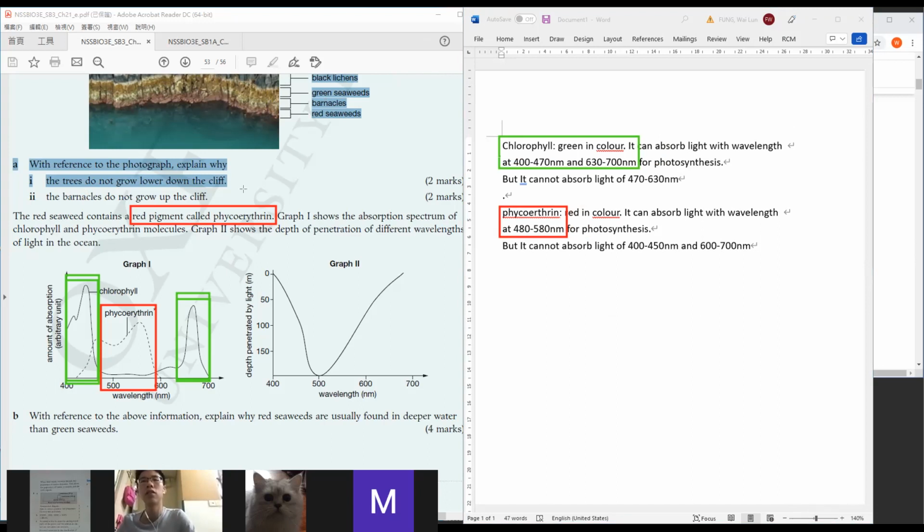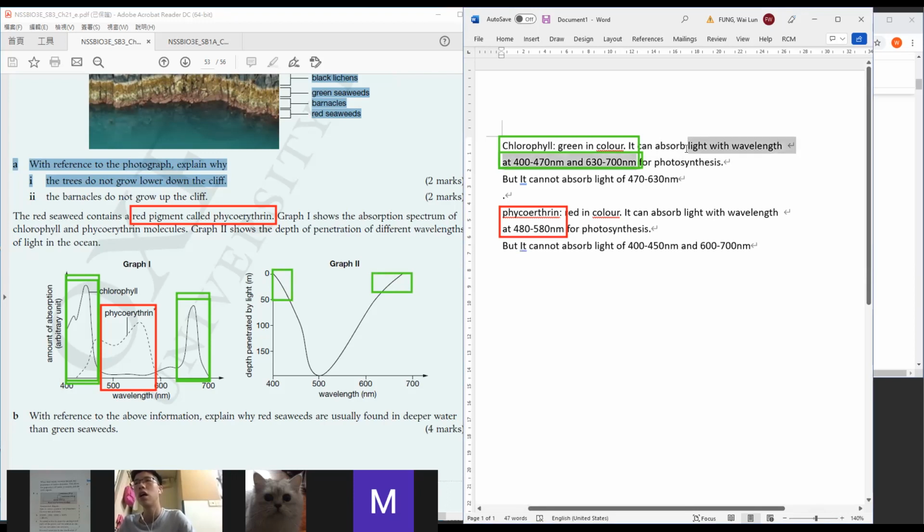Okay, so let's take a look at graph 2. For 400 something to 600 something, around this range. So this is another problem.